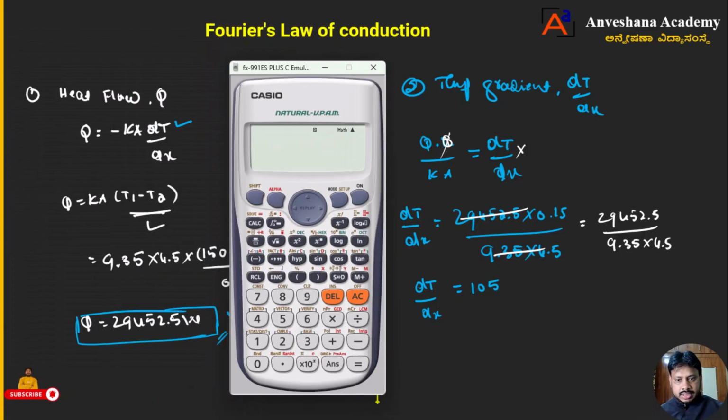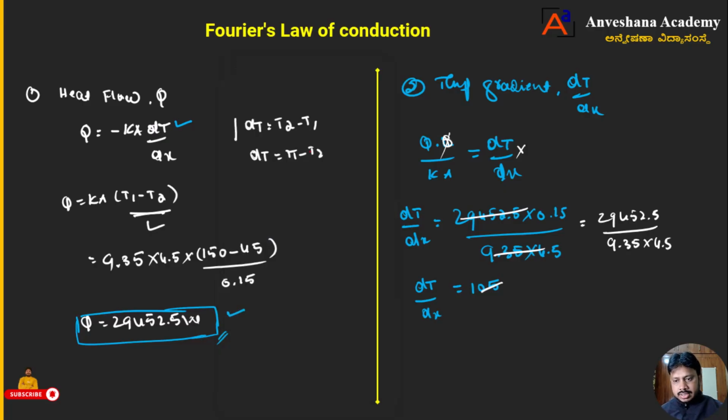How much are you going to get? 29452.5 divided by 9.35 into 4.5. This is equal to 700. That is in degree Celsius, dx in meter.